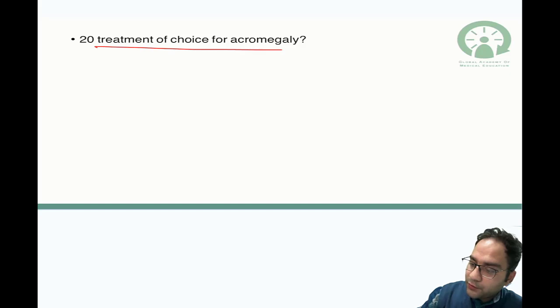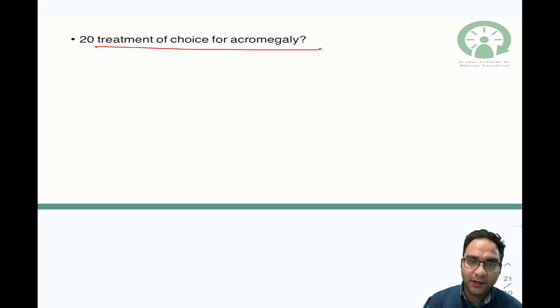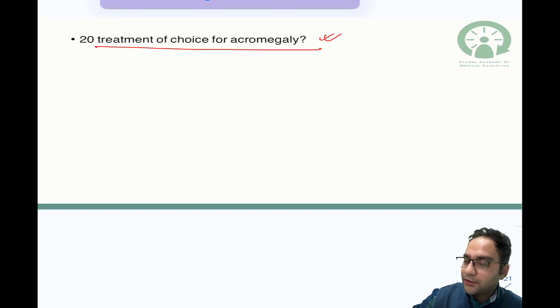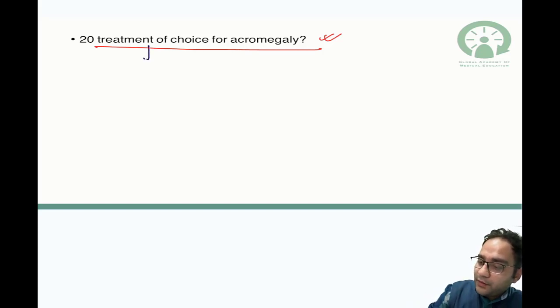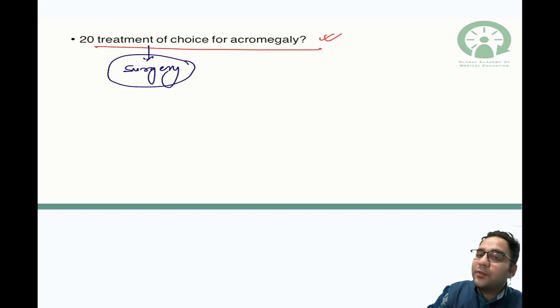So the next question was the treatment of choice for acromegaly, right? If this was your question, I actually could not get the actual options that were given in the exam, so let's try to analyze what could be the answer. The treatment of choice is basically surgery because such patients usually have underlying pituitary tumors.